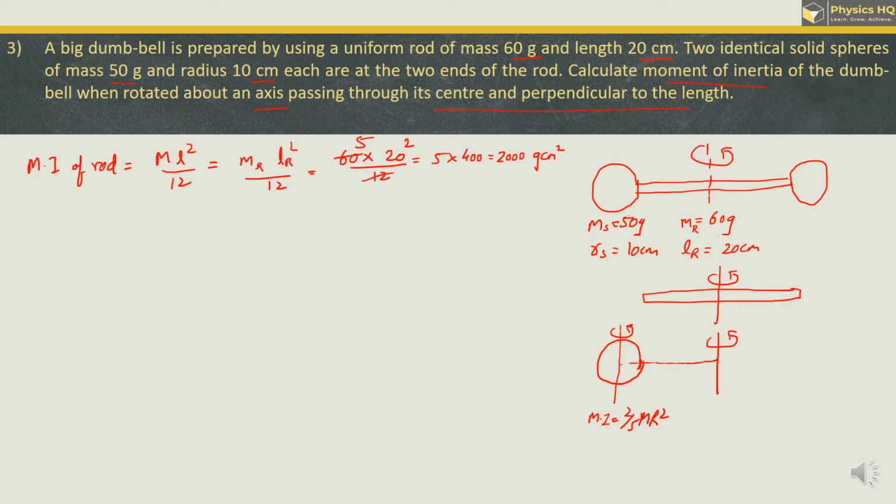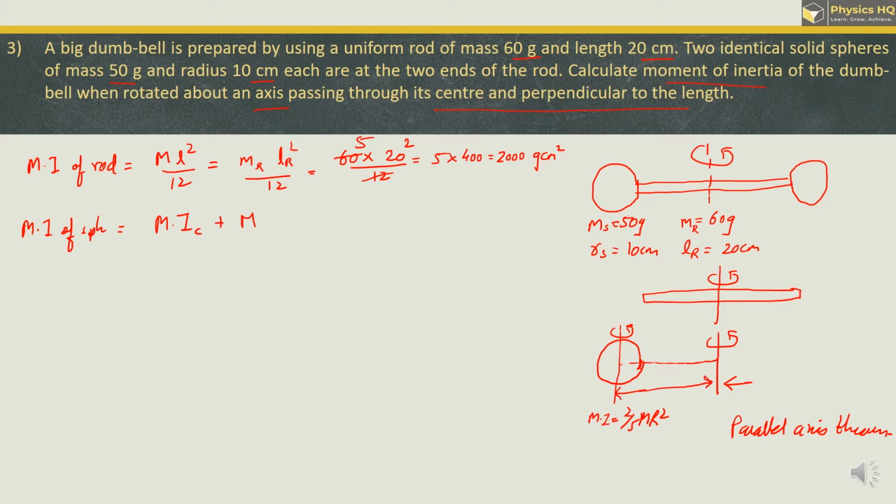Okay, so for this we will be using something called the parallel axis theorem, which says that moment of inertia of the sphere with respect to the axis present here is equal to moment of inertia about its center of mass plus mass into the distance between these two axes. So we need to find out this distance.